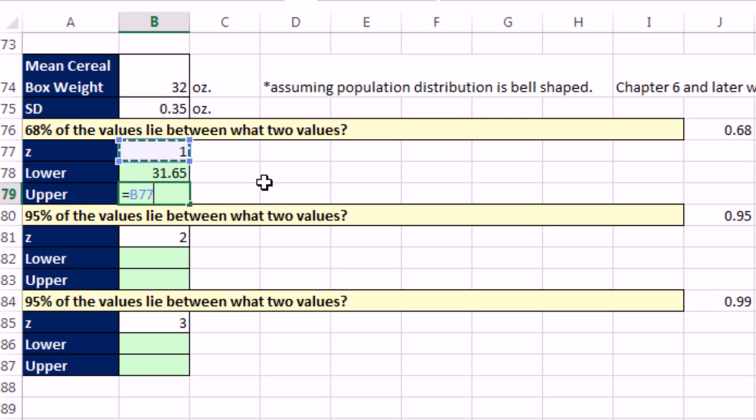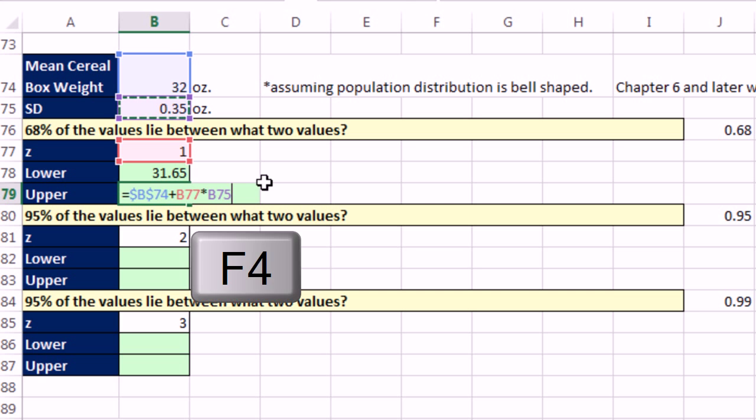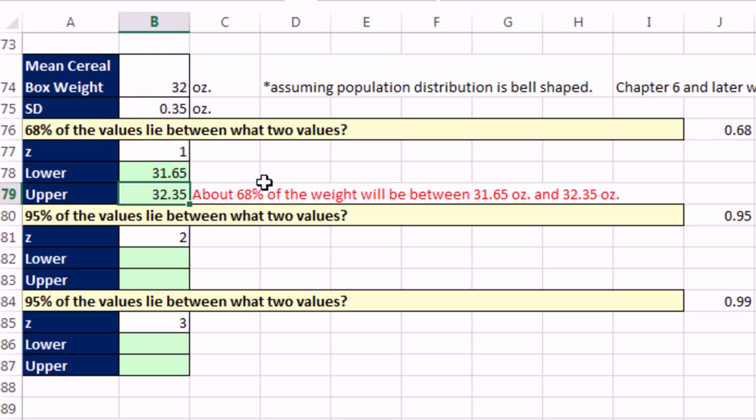Equals the mean 32 ounces, F4 plus 1 standard deviation relative cell reference times the 0.35 ounces. That's the standard deviation, F4. Control Enter. So about 68% of the weights will be between 31.65 ounces and 32.35 ounces. I'm going to copy this and paste it down here.